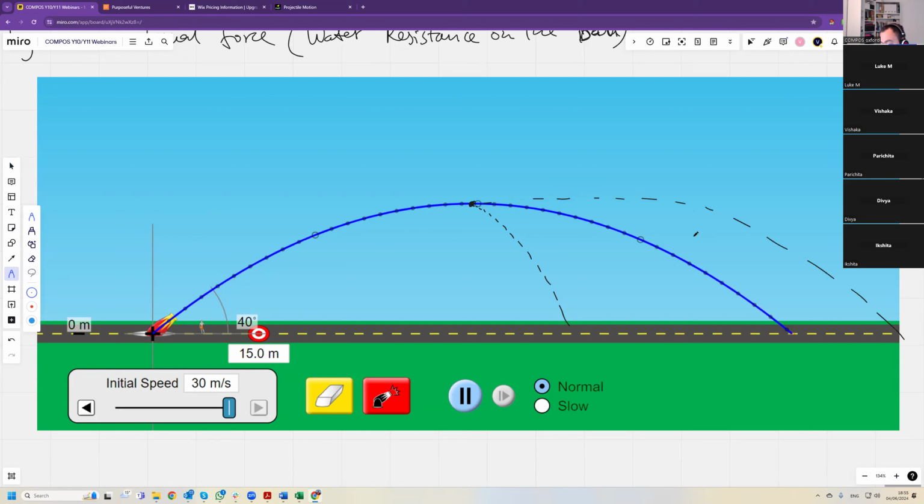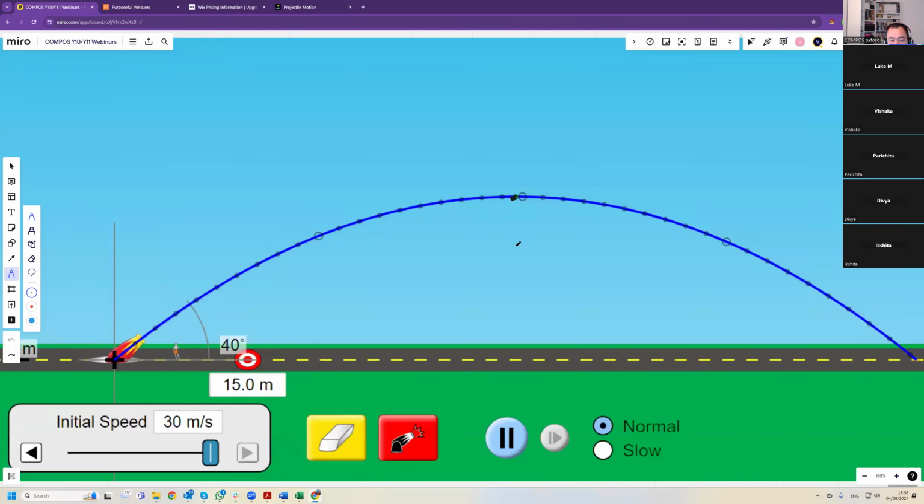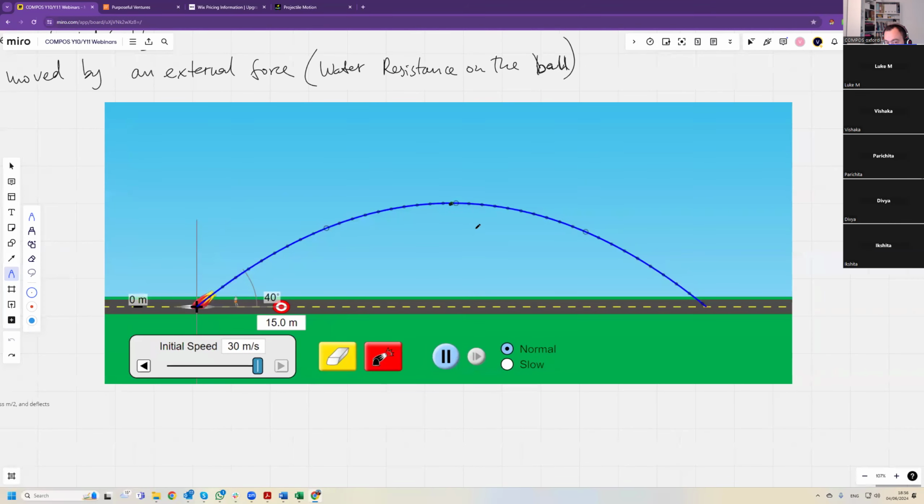But at any moment in time, the center of mass of the two pieces will follow the blue trajectory. So let's say there's a piece that's traveling like this.